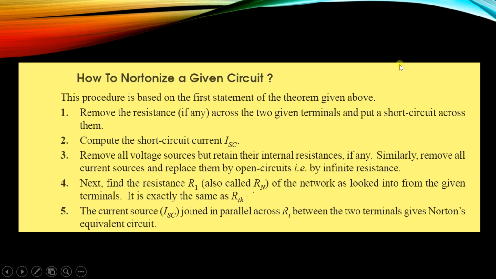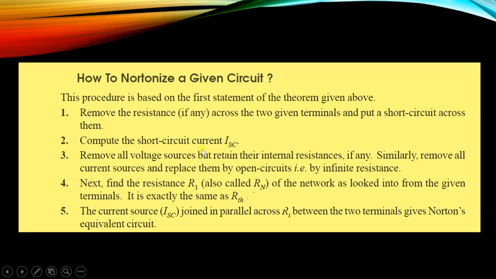Now I summarize the Norton steps which we use to solve the numericals. The first one is remove the resistance across two given terminals and put a short circuit across them. The first step is if we are having any load resistance, remove that and make it short circuit.